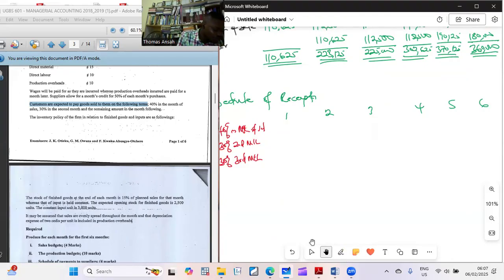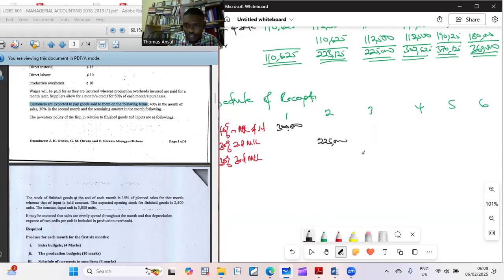You can just do 0.4 by 750. You get 300,000, so just put it in there. The 30% will give you 225 in the second month, and the same thing in the third month, 225.